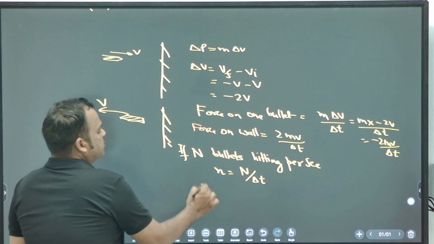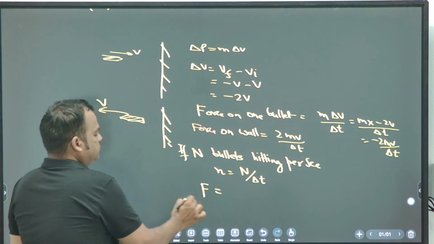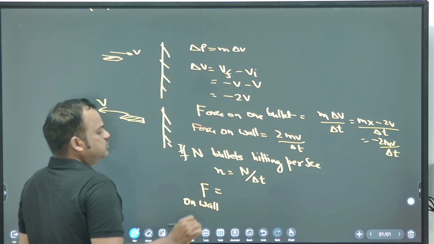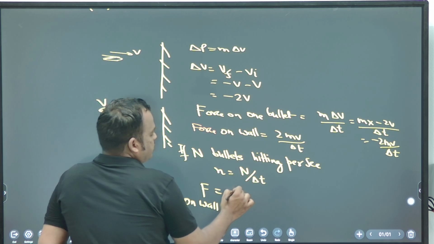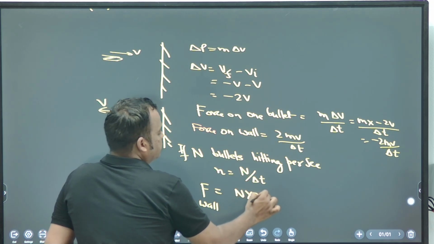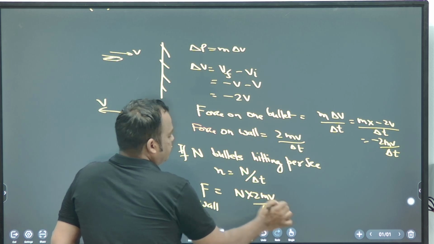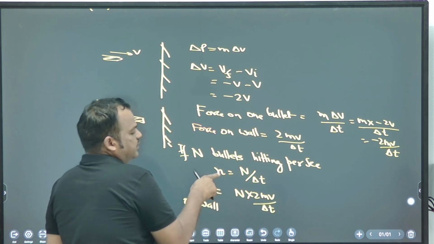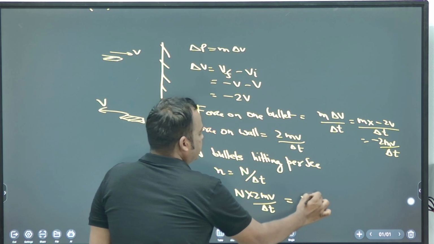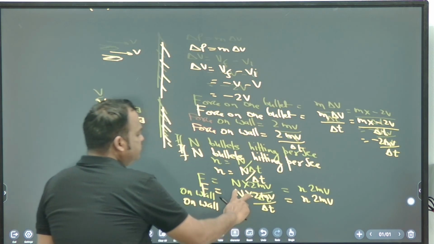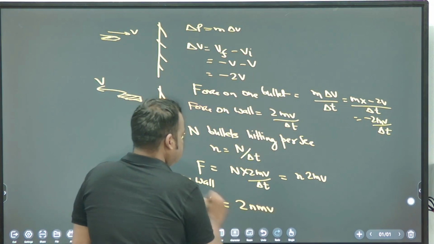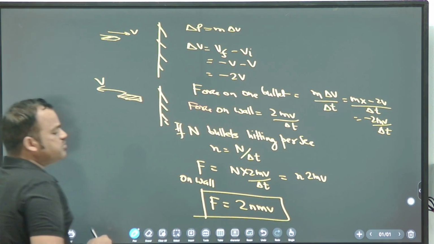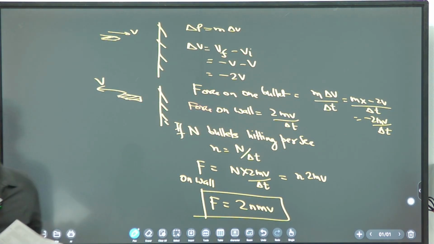So what is the new force on the wall? n times of 2 mv by delta t, and n by delta t is small n. So force is small n into 2 mv, so force is equal to 2 times nmv. Okay, clear?